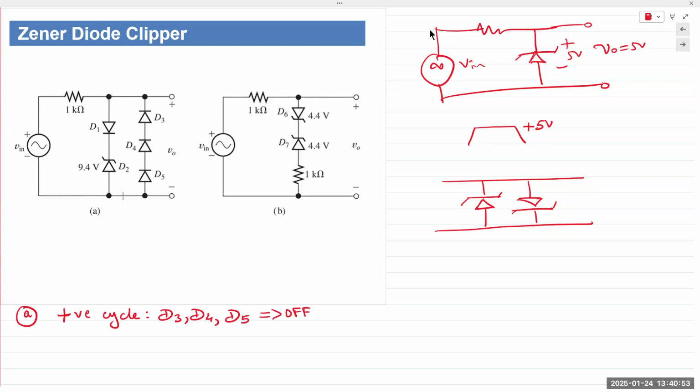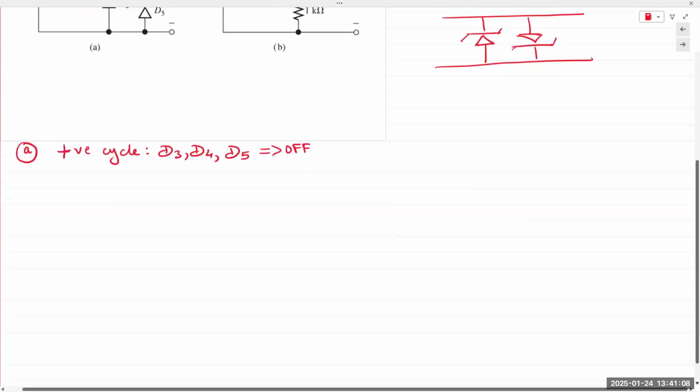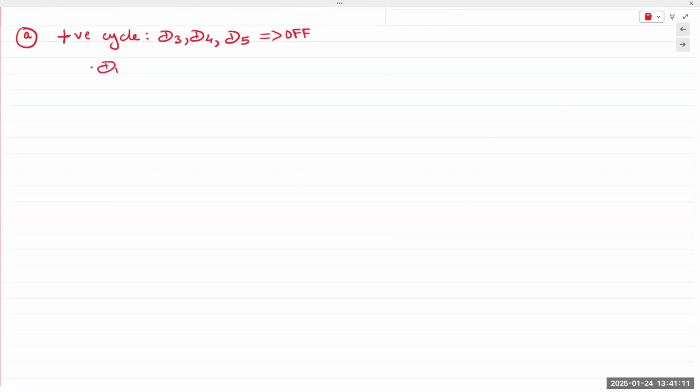In the positive half cycle, the right branch with the 3 diodes is always off. Make sense? So then let's look at what happens with D1 and D2. D1 is on. And then what happens to D2? Right there.